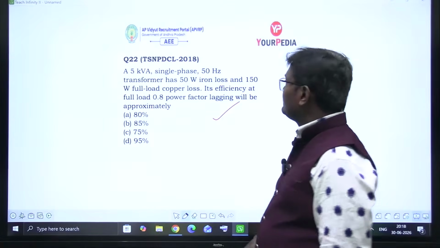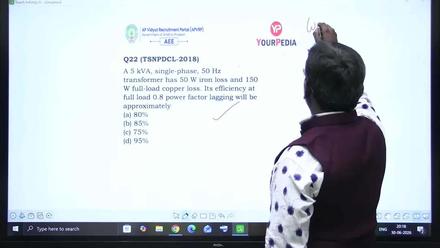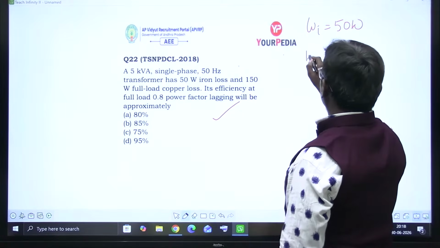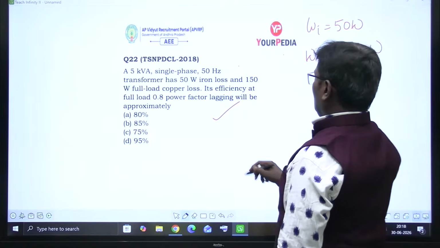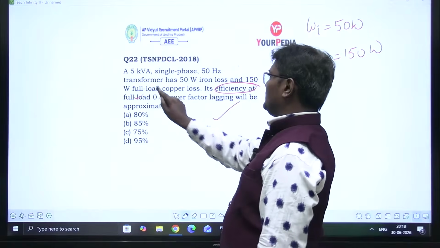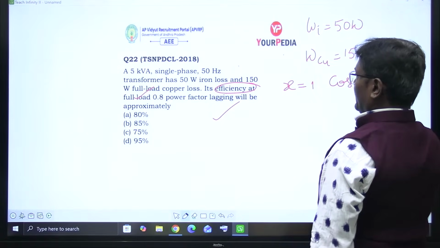Iron losses are 50 watts, and full load copper losses is 150 watts. Efficiency at full load, X is equal to 1, and the power factor cos phi 2 is equal to 0.8.